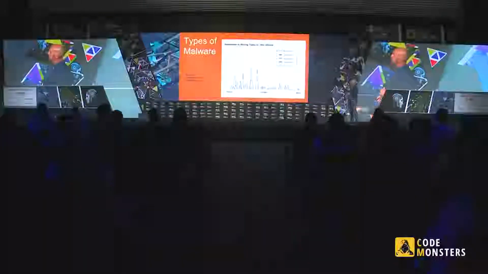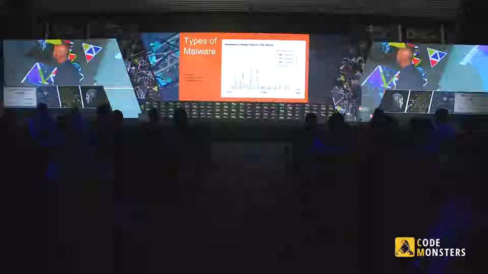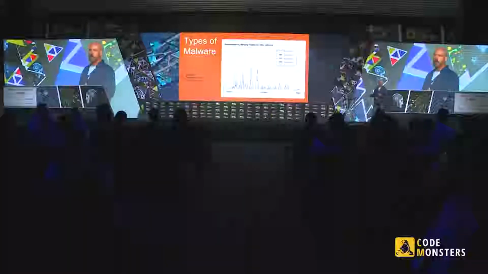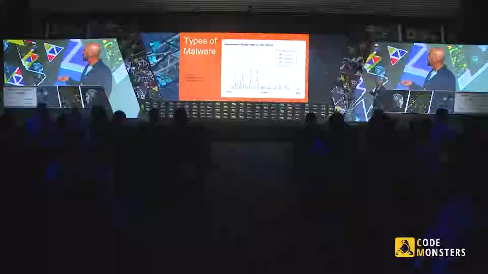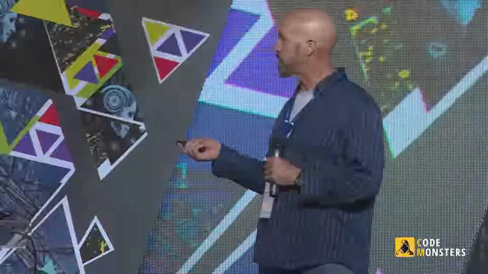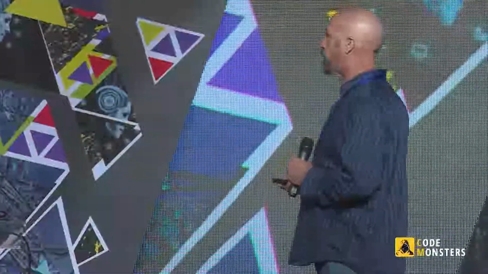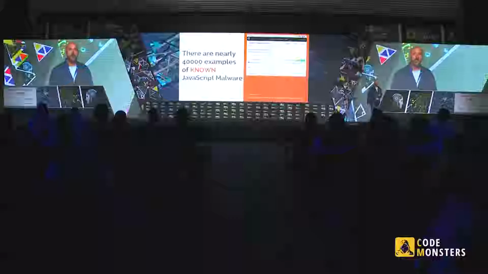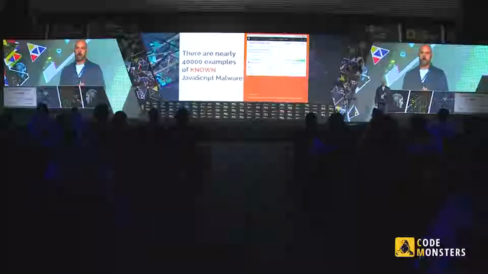And lately, it's been getting more important too because there's a trend with malware and they're really going after money. As you can see here, banking Trojans have become very, very popular. And this is a year ago, this is somewhat current. This is the most current statistics I could find. The point is that there are over 40,000 pieces of known JavaScript malware.